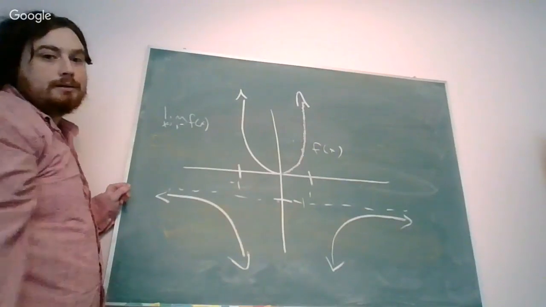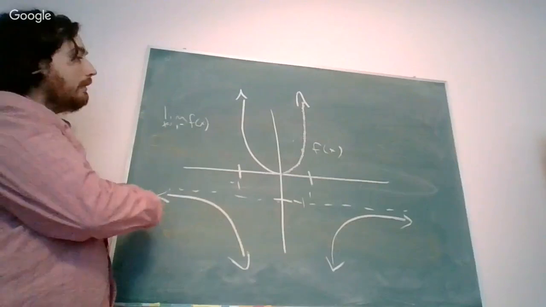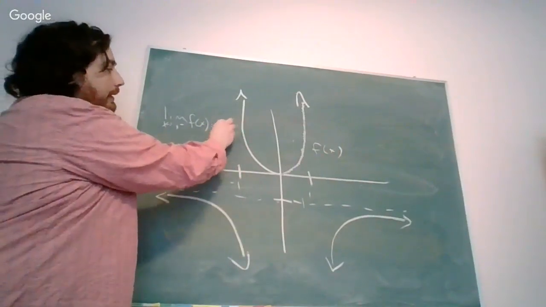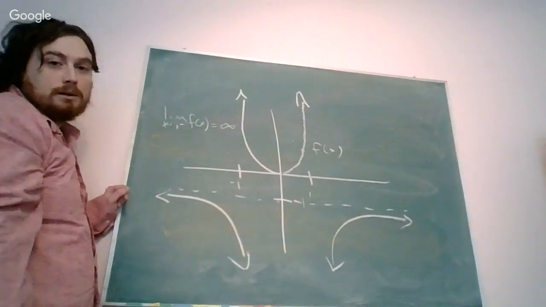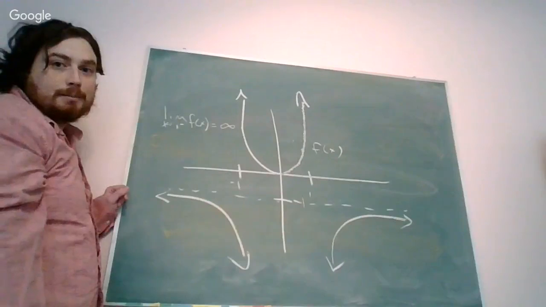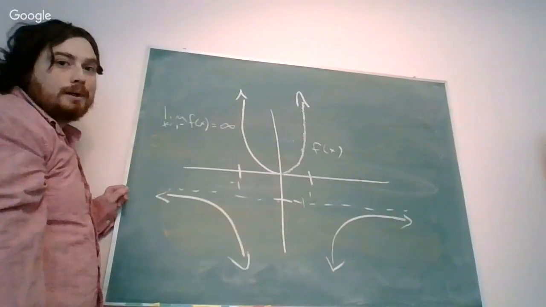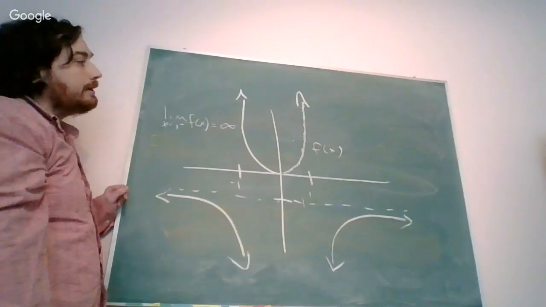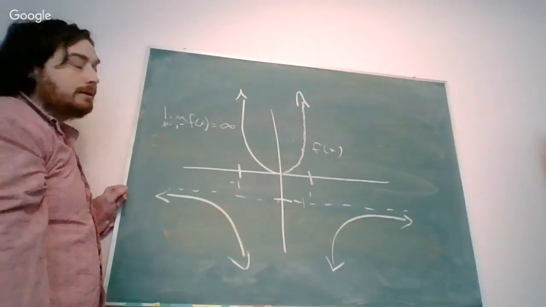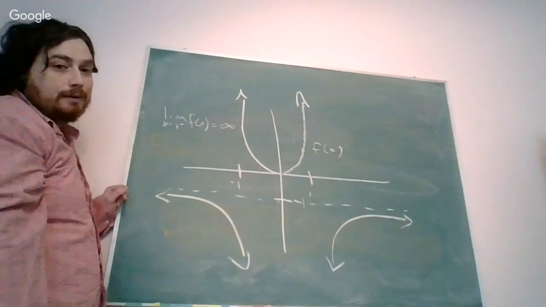So because of that, we would say that the limit from the left of f of x as x goes to 1 is equal to infinity. Now that limit actually does not exist because it's not a number. Infinity is not a number, but we notice that it does not exist in such a way that it is getting arbitrarily large. So we can say that the limit from the left is infinity.